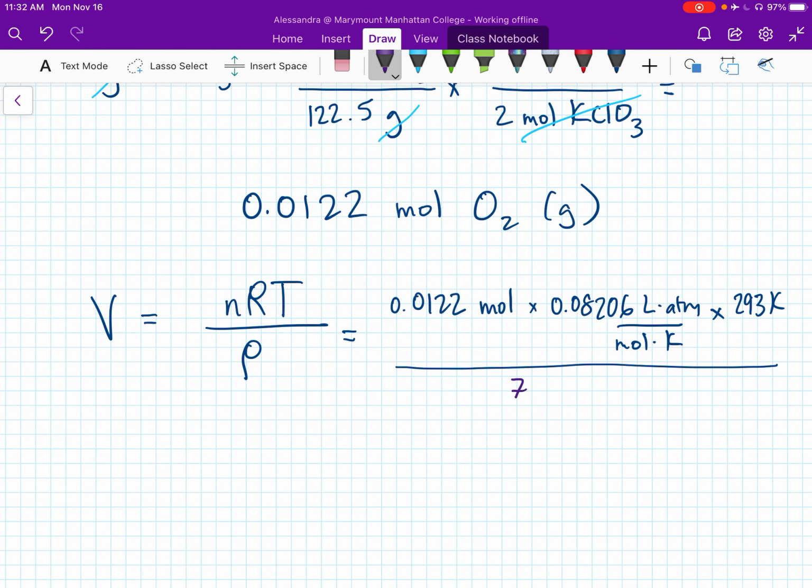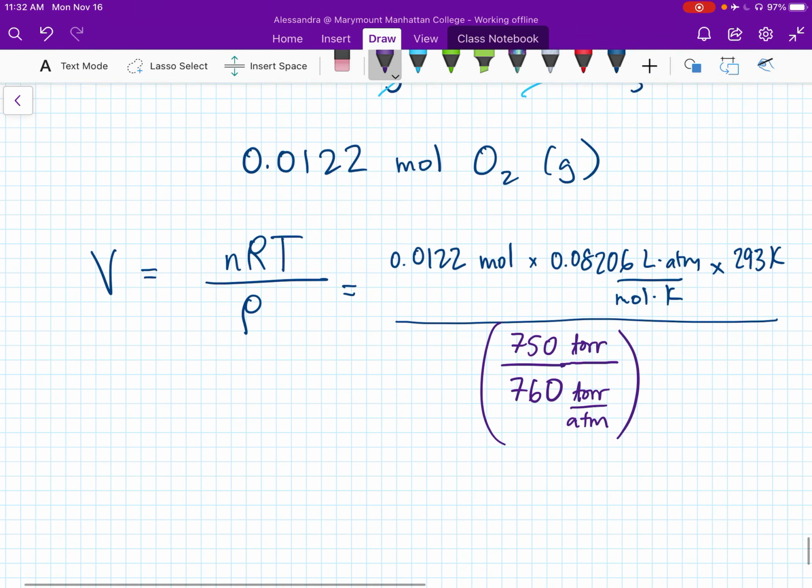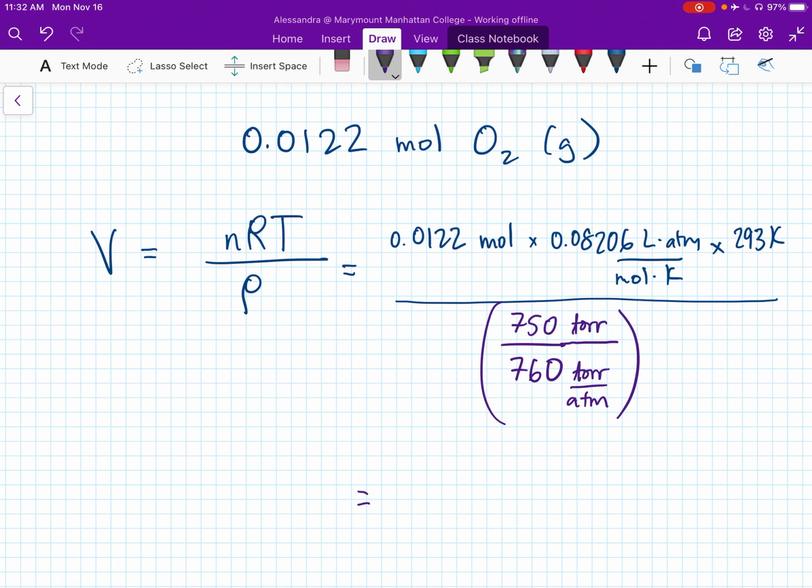So I'm going to say 750 divided by 760. So 750 torr, and this is 760 torr per atmosphere. That's going to give me the pressure in atmospheres. Okay, I just kind of did the unit conversion in that denominator. So that gives me a volume equal to 0.297 liters of oxygen gas.